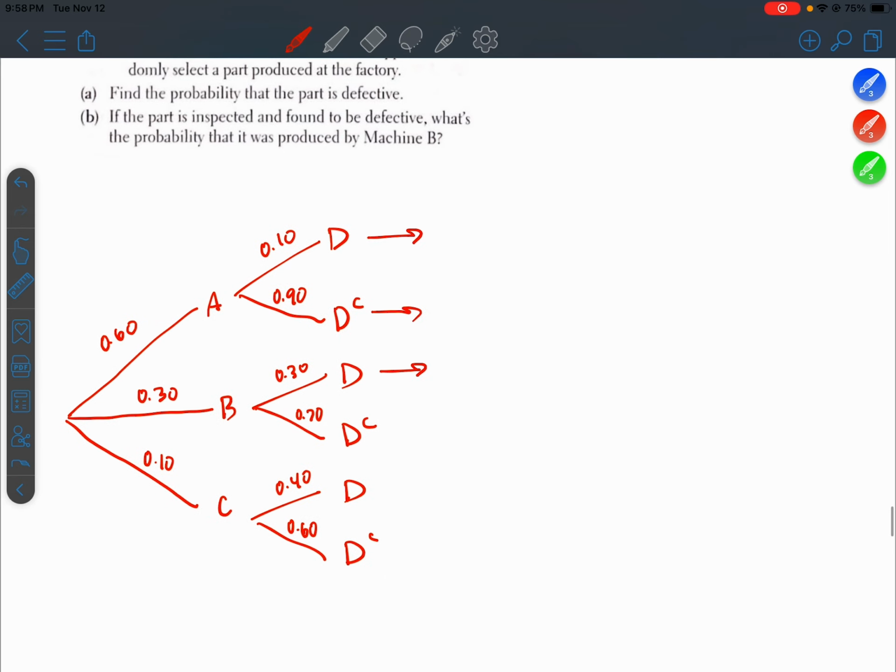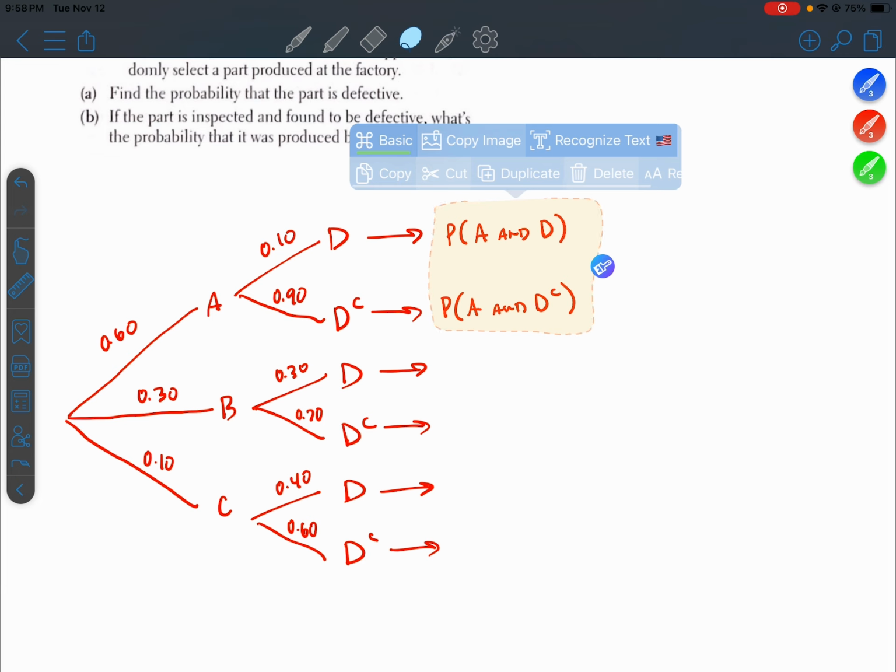All right, so there are 6 possible outcomes when we select a random part. Maybe we get a part from machine A and it's defective. Maybe we get a part from machine A and it's not defective. I don't want to have to write this over and over again, so let's just copy and paste.